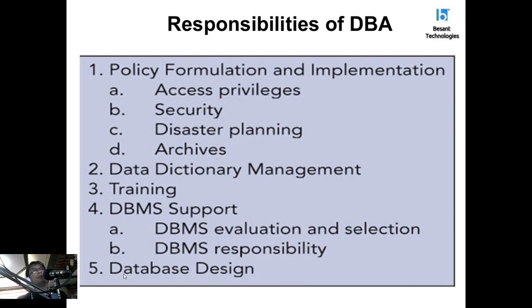So we'll be discussing more of that as we go on. Security. So how can we secure the database? Disaster planning. So what are we going to do in case of disaster? And archives. A DBA also manages the data dictionary and is also responsible for conducting training to personnel.